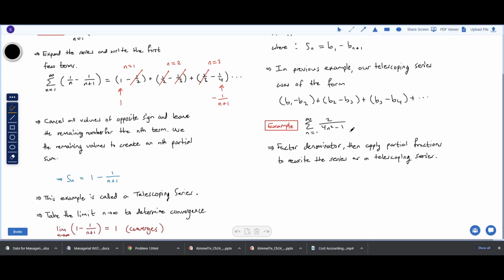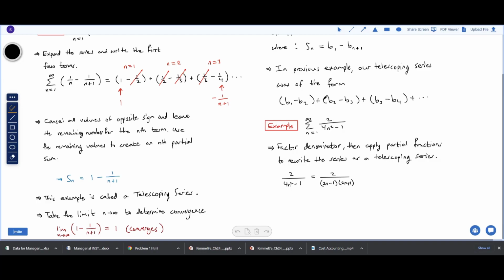All right, so let's do that. We have 2 over 4n squared minus 1, which we can factor into 2 over (2n minus 1) times (2n plus 1).